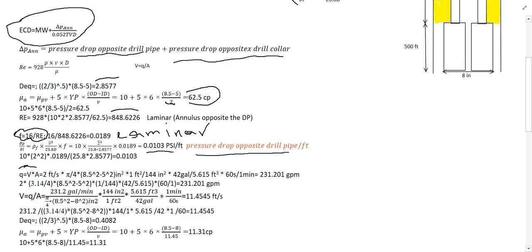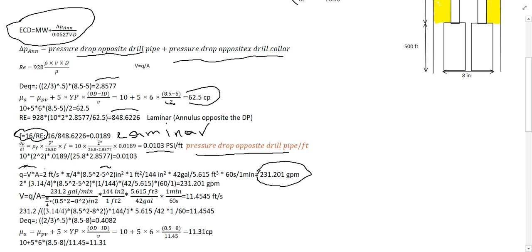The area is pi divided by 4 multiplied by 8.5 to the power of 2 minus 5 to the power of 2 for the drill pipe, because we are doing the calculation for the drill pipe to find the flow rate, which is constant. If we do that, the flow rate will be 231 GPM, or gallons per minute. This flow rate is constant for all the well that we have, for the inside of the drill pipe and drill collar and the annulus part.